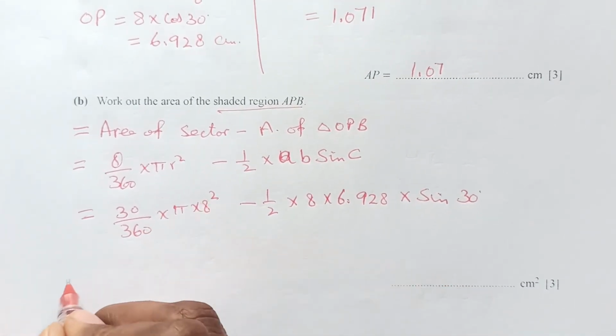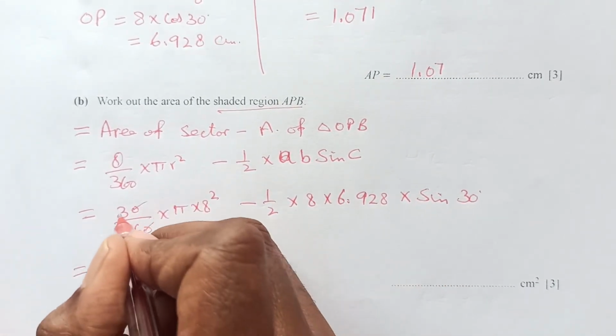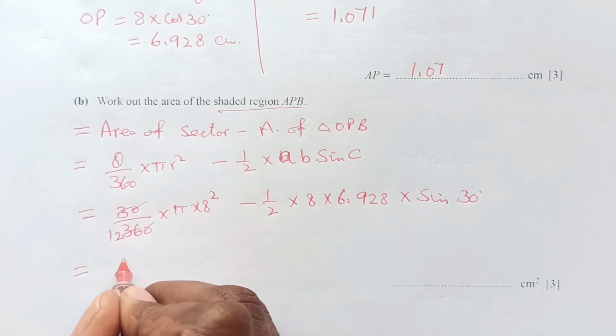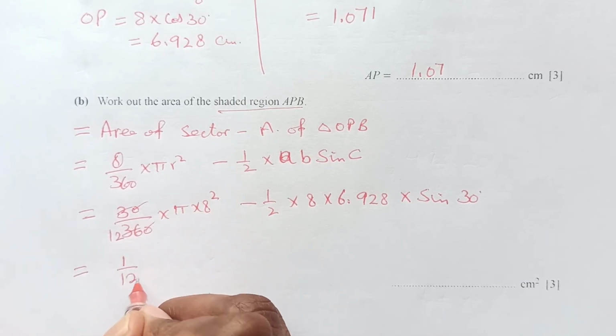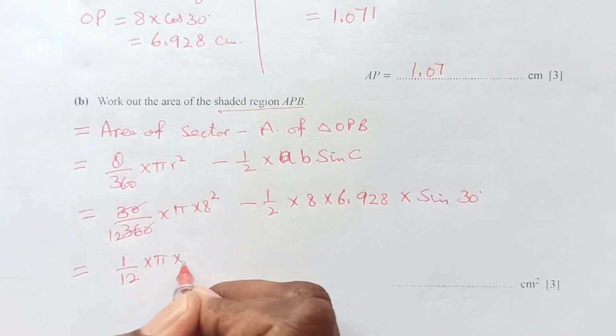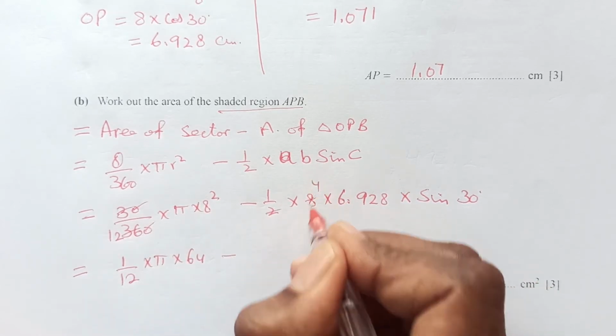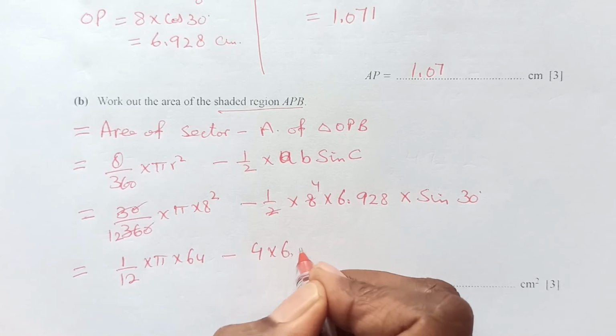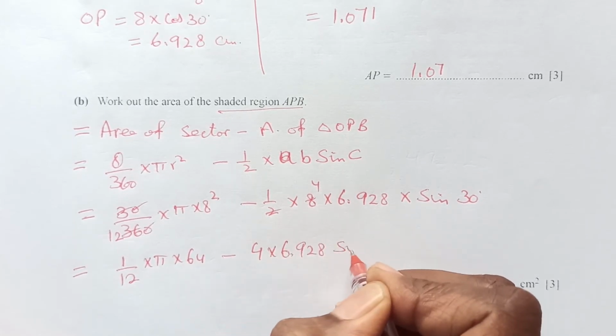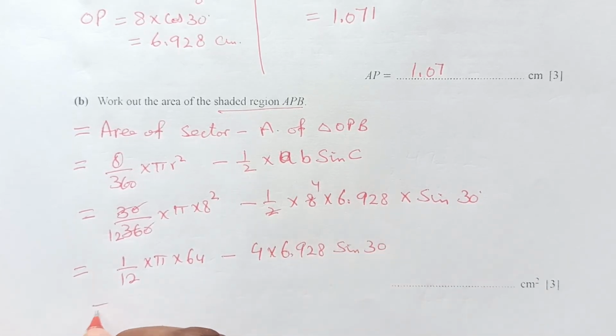So now just the calculation. This is 1 over 12 pi 64 minus 4 times 6.928 sine 30.